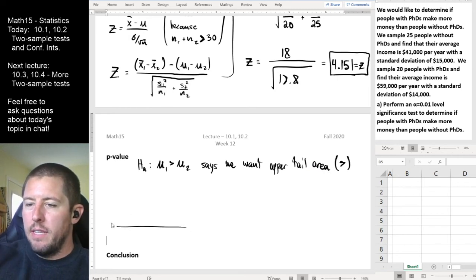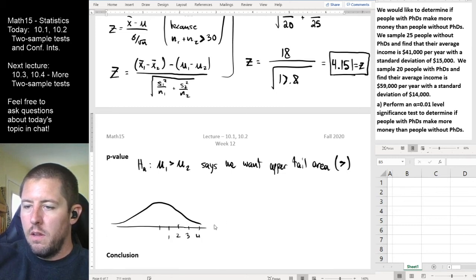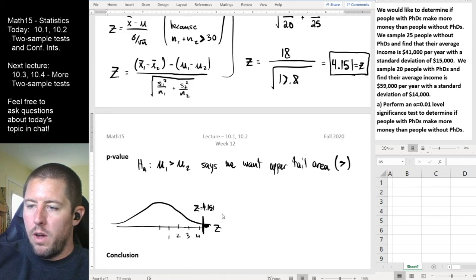So in my z distribution, we've got our normal distribution, and I'm looking at the z-axis here. So we're really all the way out at that value right there, right? There's very little area right there. So this is my value of z equals 4.151. That little area right there, area equals the p-value.